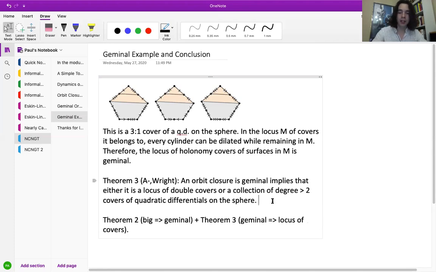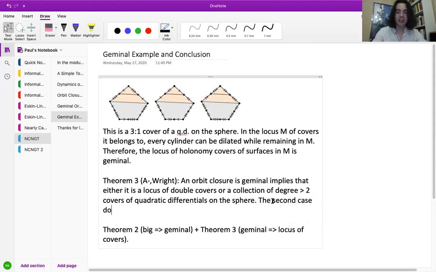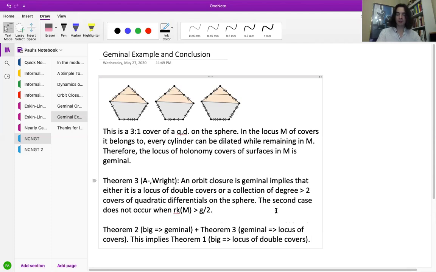I should also say the second case does not occur when the rank of M is bigger than G over 2, which is needed to get theorem 1 from theorem 2 and theorem 3. And so, this implies the first theorem that I stated, theorem 1, which says that being big implies that you are a locus of double covers, giving a positive resolution to the conjecture of Mirzakhani.